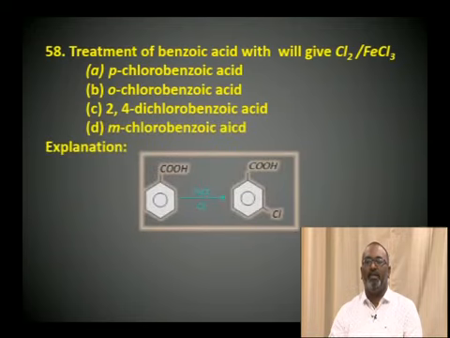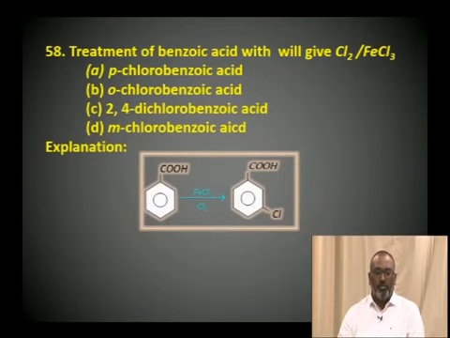You can see the reaction here. When benzoic acid is treated with chlorine in the presence of ferric chloride FeCl3, meta-chlorobenzoic acid is produced. So the correct answer is option D.